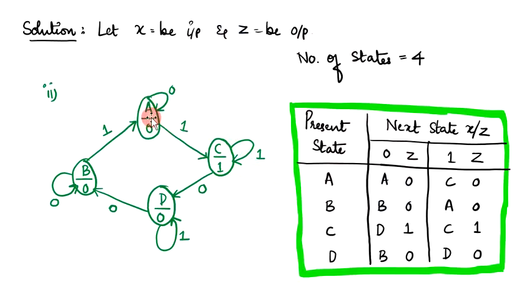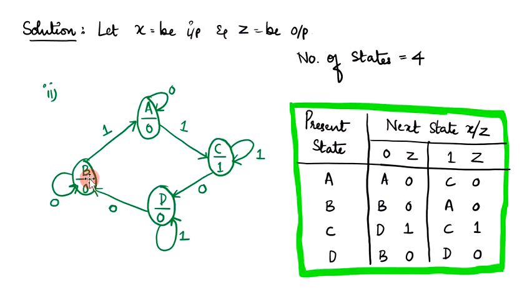So you are moving A to A with an output 0. This arc will always contain the input, okay? A to A with an output 0, A to C when the input is 1 and output is 0. You are in B, you move to B with an input 0 and output is 0.